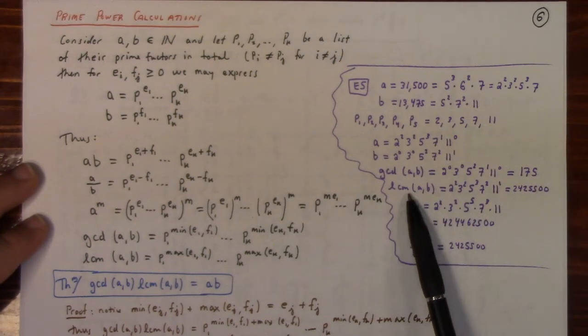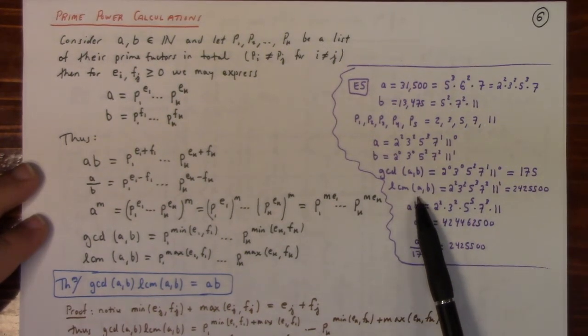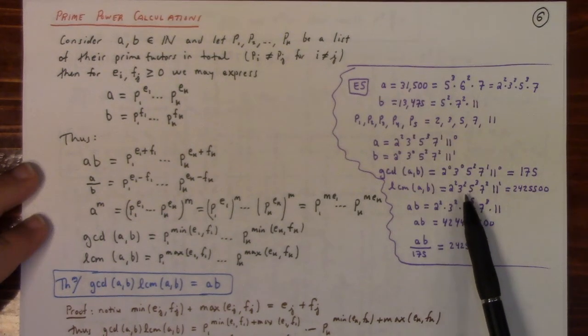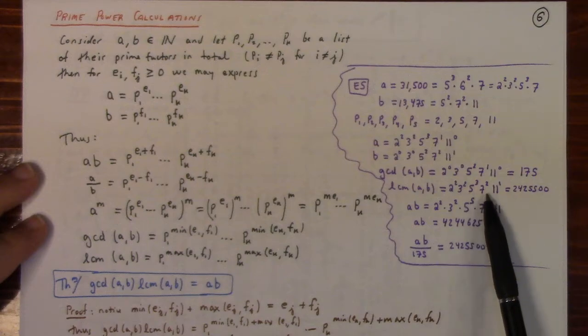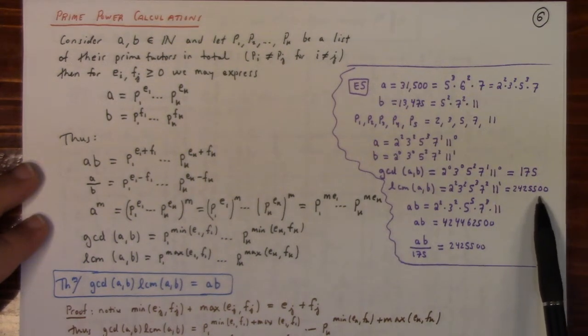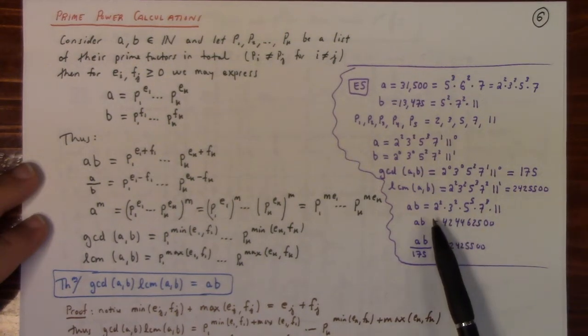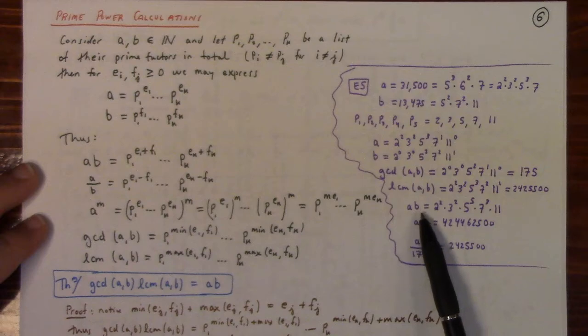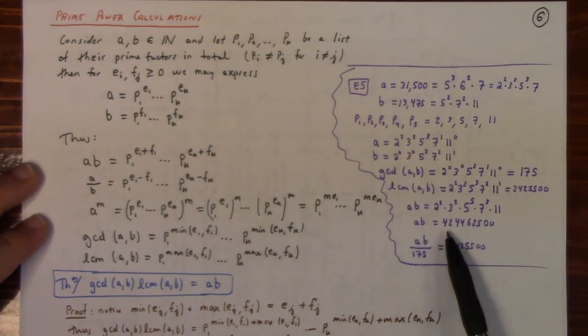And it turns out if you calculate the LCM, taking the max, 2 squared, 3 squared, 5 cubed, 7 squared, 11, you get this number, 2,425,500. And it's pretty neat. If you multiply A times B, you get this big old number here.